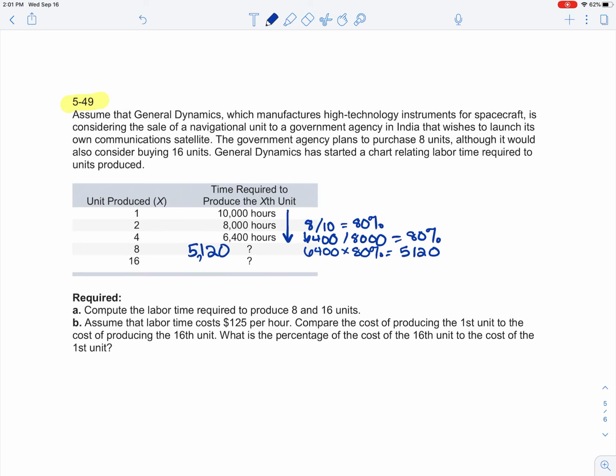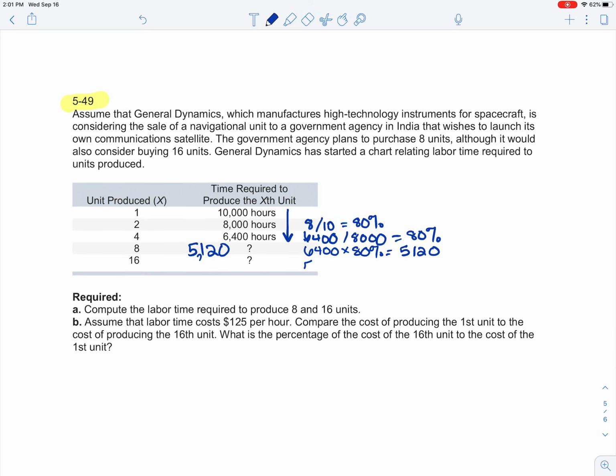That's how many hours that one would take me. And then for the 16 units, it's only going to take me 80% of that, which equals 4096. And that number would go here. So now I know how much time it's taking to produce both 8 units and 16 units.